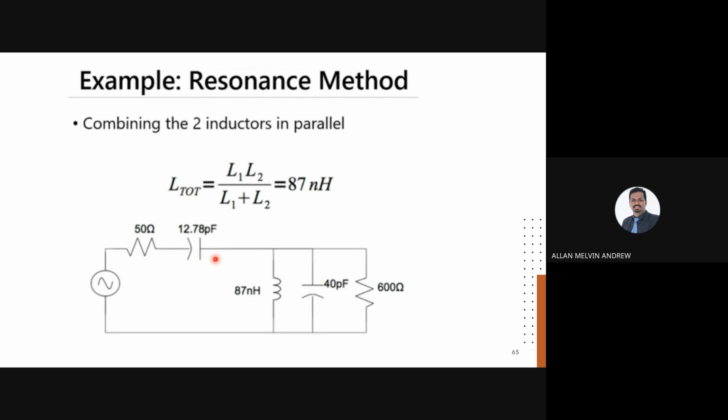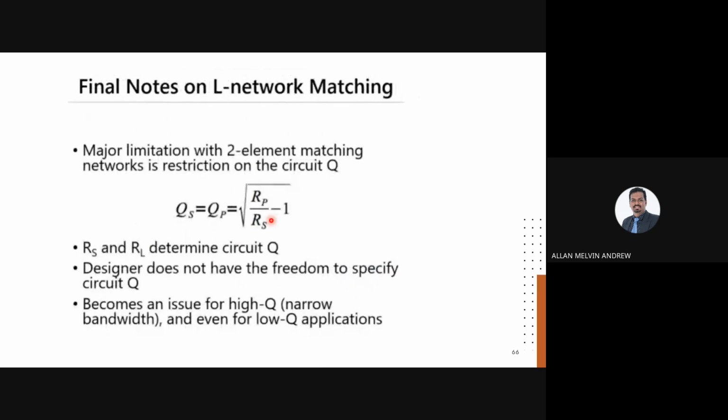So when you have that part on the PCB, the designer of the antenna does not have the freedom to specify the circuit Q. Let's say they want a Q value of 100, but the circuit that they get is not really good.